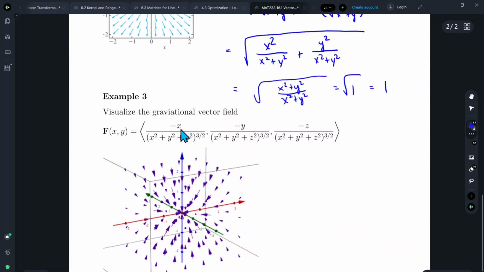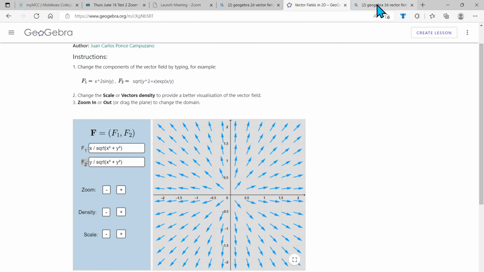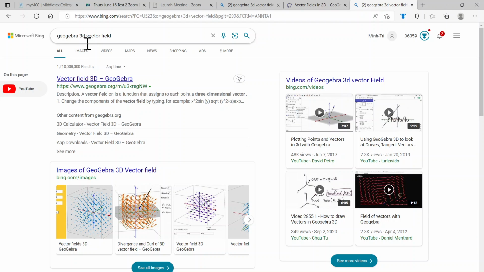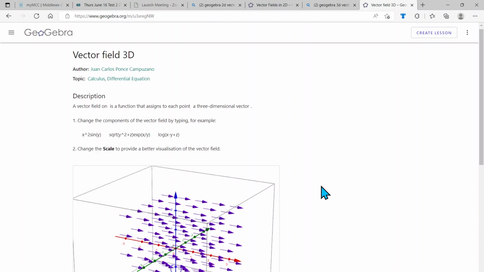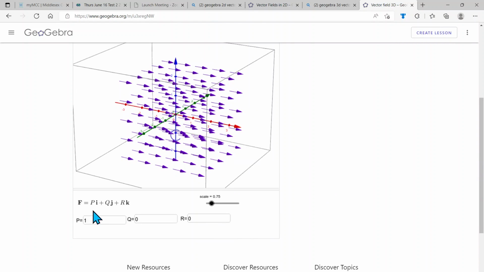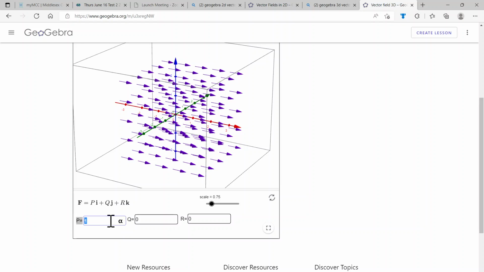And then finally, we can try to visualize a three-dimensional vector field. A vector field like this is used to represent, say, the gravitational vector field. A diagram is shown here, but again, we can use the GeoGebra tool. Now we need a 3D vector field. Notice how they use P, Q, and R for the components.